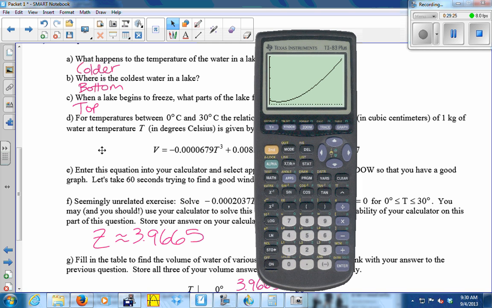So I'm going to go to calculate, value, option 1, and type in 3.9665. And it looks like it's at that very low point. 3.9665 is the low point of my graph.